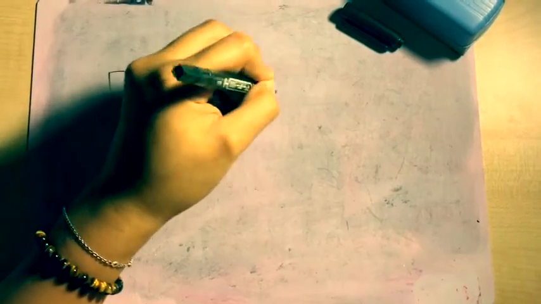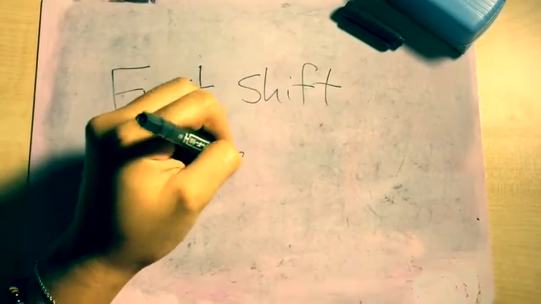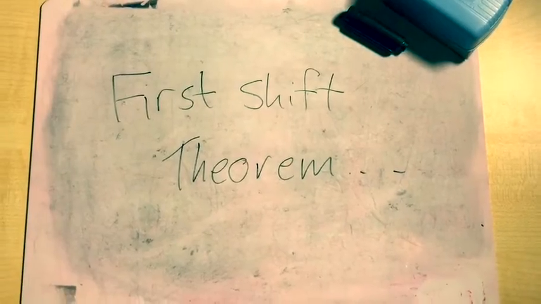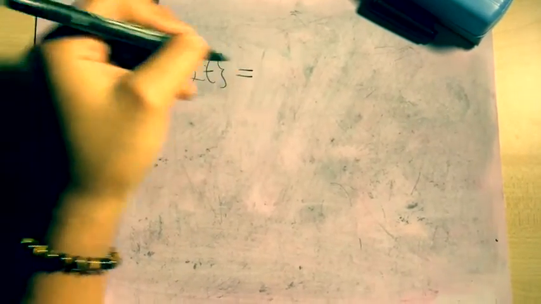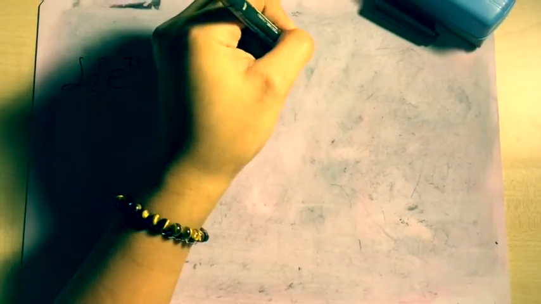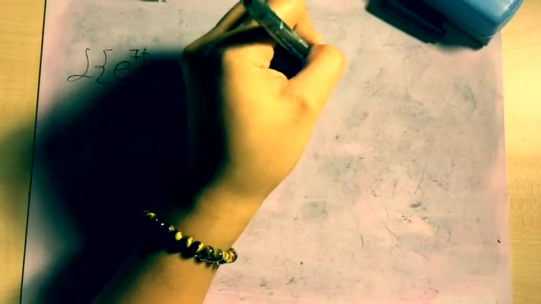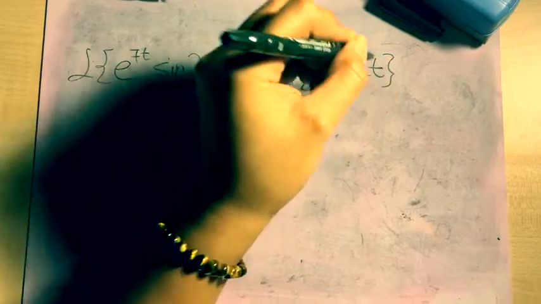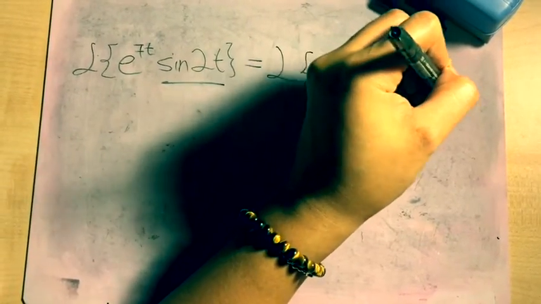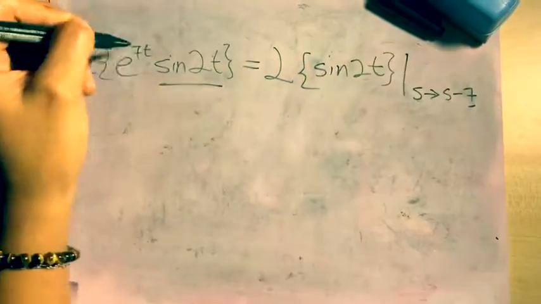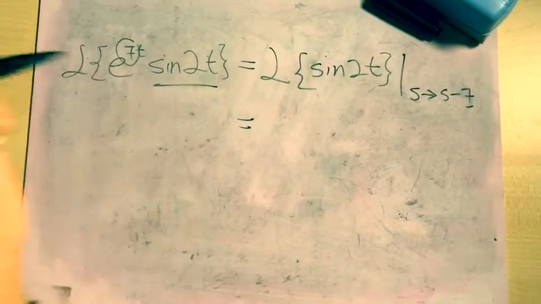Now the last part of this video lesson, I'll be teaching you the first shift theorem. Watch closely on how to solve this. We're gonna do Laplace transform of e to the 7t sine 2t, letting s be s minus 7. That's where 7 comes from.